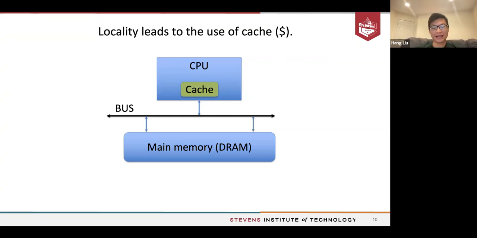First, this cache is faster. The cache is typically 1 to 2 orders of magnitude, like 10 times to 100 times, faster than main memory in terms of latency. However, the cache is faster because it's small.